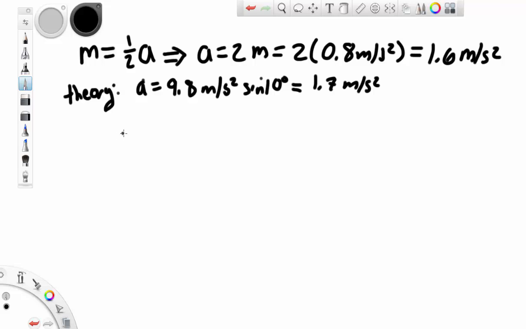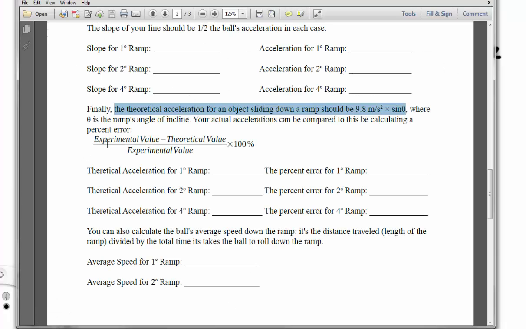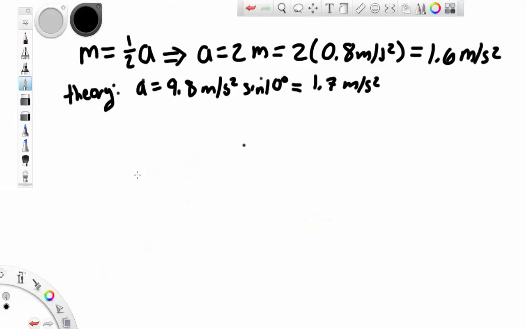So here I've got a theory and I've got an experimental value. So now I need to figure out my percent error. So let's pull up again the lab instructions to see what that means. So your experimental error is basically this guy. So we need to have experimental value minus theoretical value over experimental value times 100%.